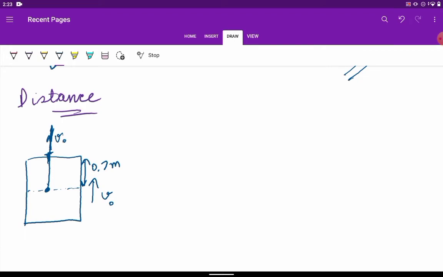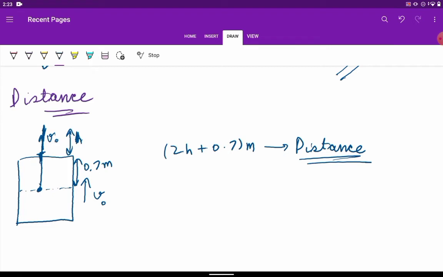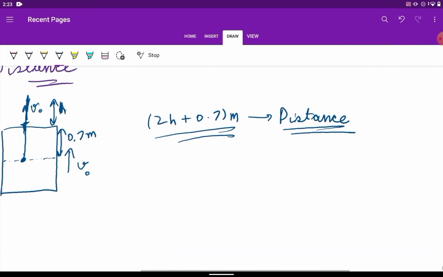Now if we are able to find this height h, and multiply it by 2 and add 0.7 to it, so 2h plus 0.7 meters should be the total distance. It goes upwards and it goes down, right? So it goes up by h, it goes down by h plus 0.7, so basically 2h plus 0.7 meters will give you the distance covered.